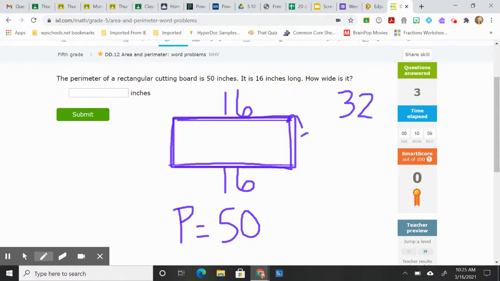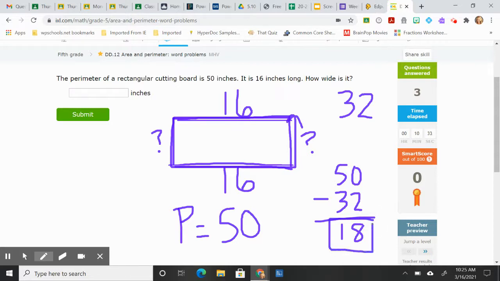Okay, how do we figure out these two sides here? We know that they need to be the same amount. They're the same length or width. But how do we figure that out? Well, if we know that the perimeter is 50, we can take 50 minus 32, and that is going to give us 18. Okay, so that leaves 18 inches to be split up amongst these two sides.